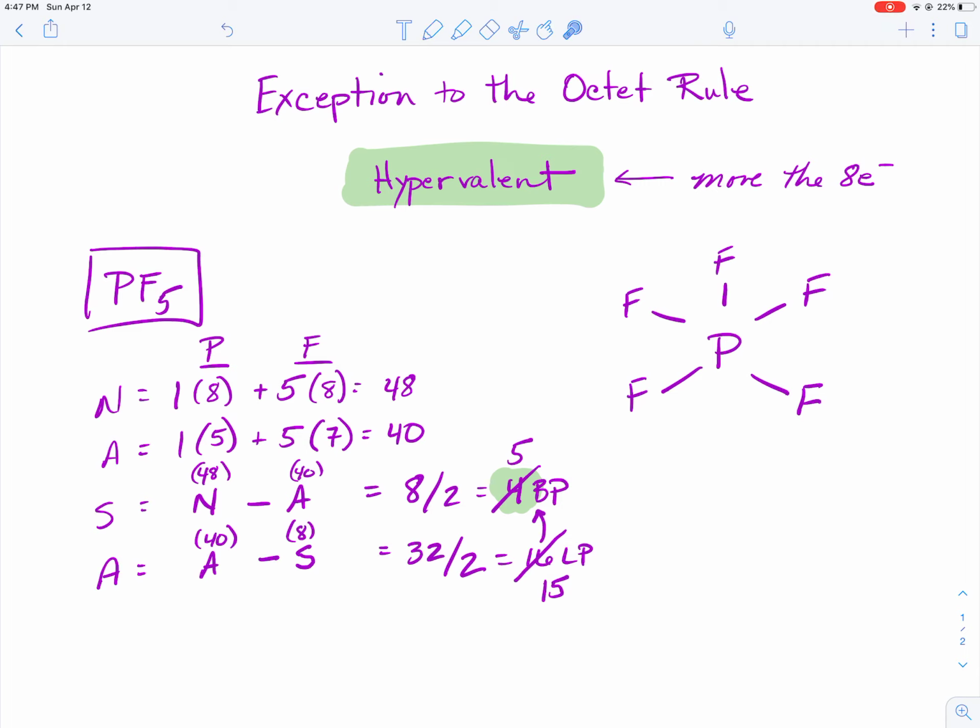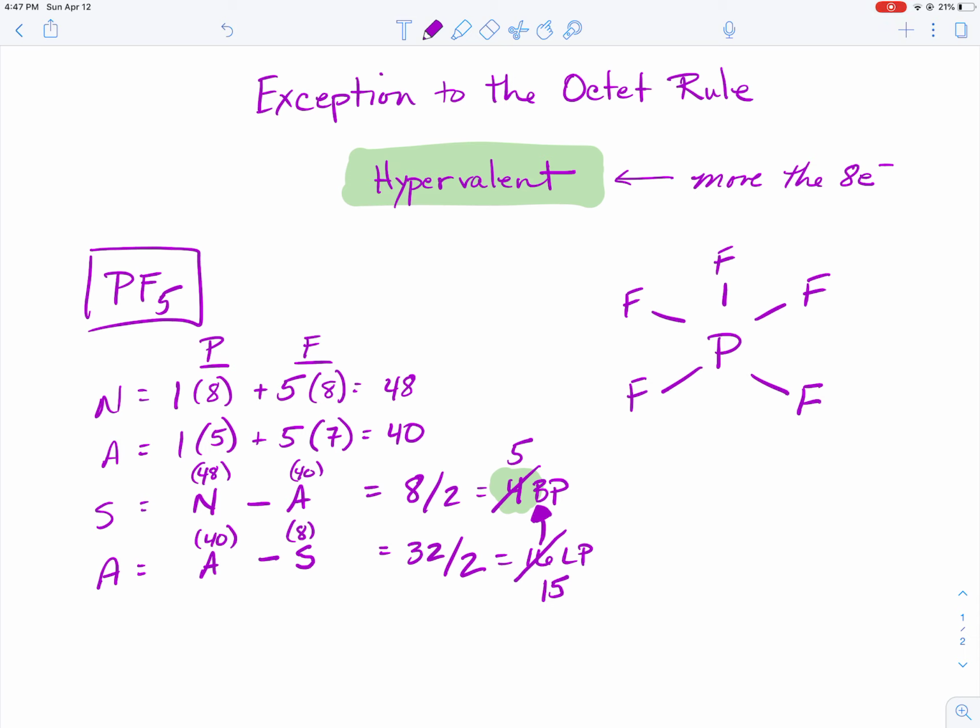We removed a lone pair, so now we have 15 left over, and we bumped it up to become a bonding pair. This is a one-way street. You can only take a lone pair and make it a bonding pair. You cannot take a bonding pair and make that a lone pair, not in this NASA table. So it's a one-way street.